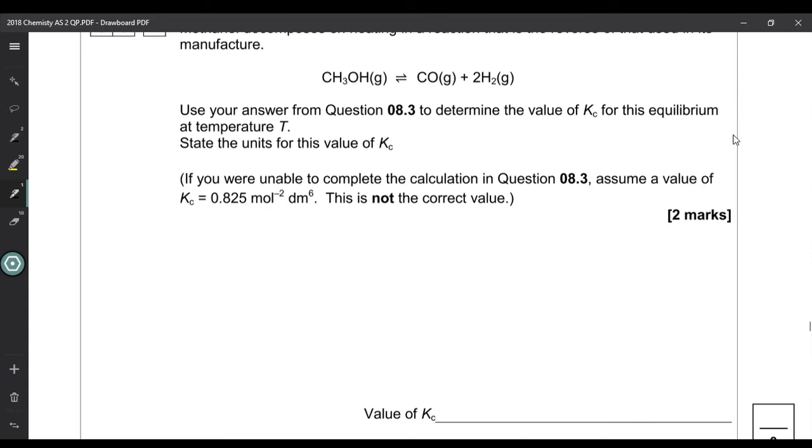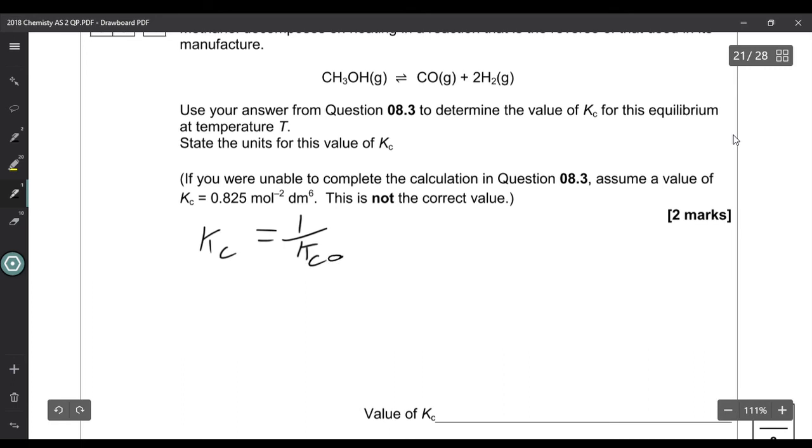So what we have to find is Kc, so Kc equals 1 over Kc of the reverse reaction. So it'll be 1 over 0.311, which you just calculated.